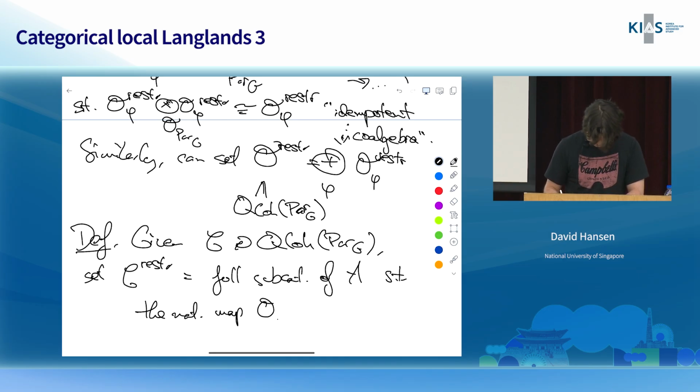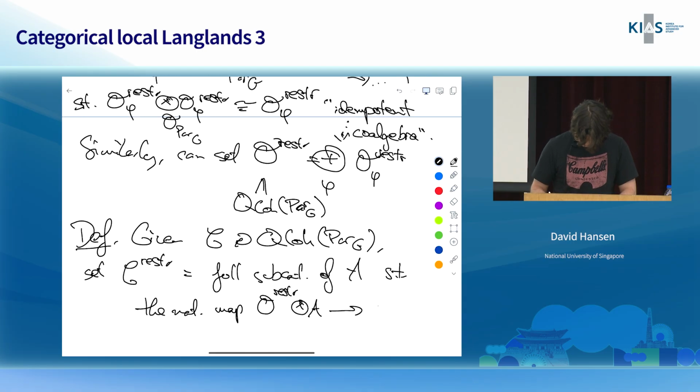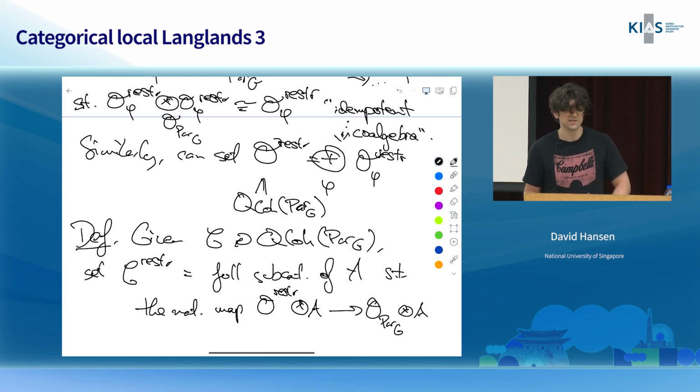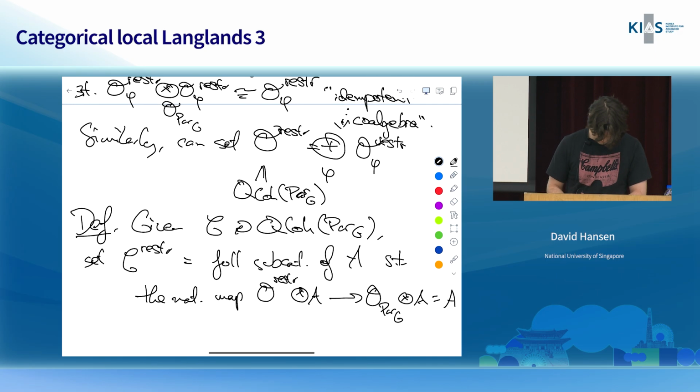Well, this whole QCO acts, so this O restricted will act on any A. This will give me some crazy object in my category. This thing still has a canonical idempotent coalgebra structure. You just direct sum all the given ones. And so there will be a canonical map from this to O par G acting on A. But this is the unit in the category that's acting, right? So this is just A. And the condition is that this map is an isomorphism.